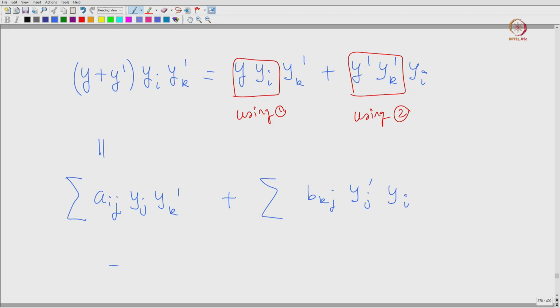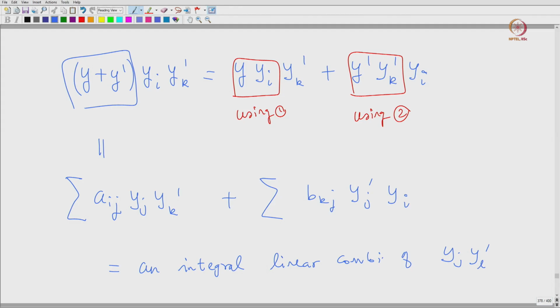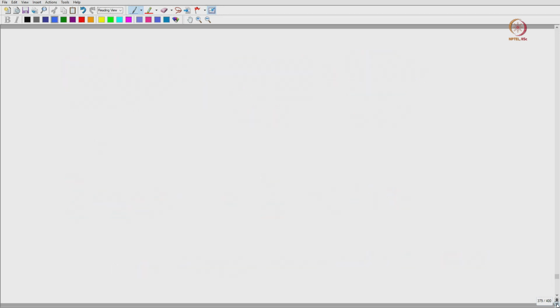Now see that this is exactly equal to an integral linear combination of y_j y_l dash. So, that means this term y plus y dash satisfies the required condition that we had in the lemma. So, that implies that y plus y dash is indeed an element of A.